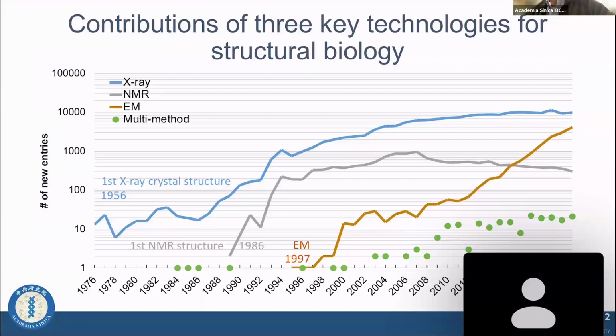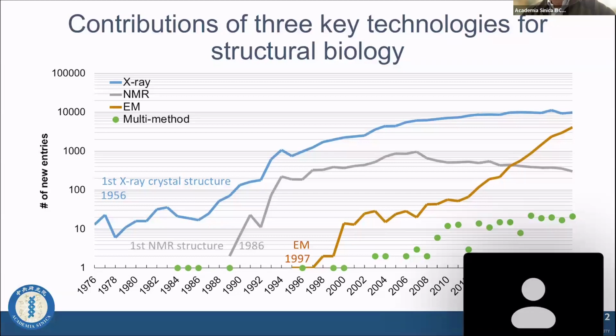So coming back to the evolution or the development of structural biology, as I said, the first crystal structure of protein was determined in the mid-50s, and then the first NMR structure was reported in the 80s.